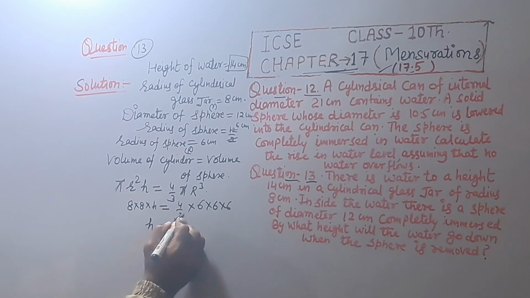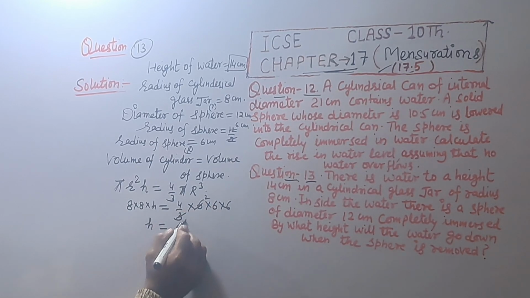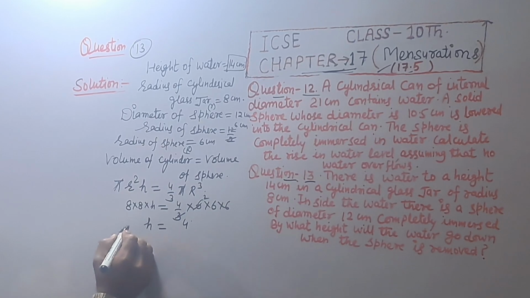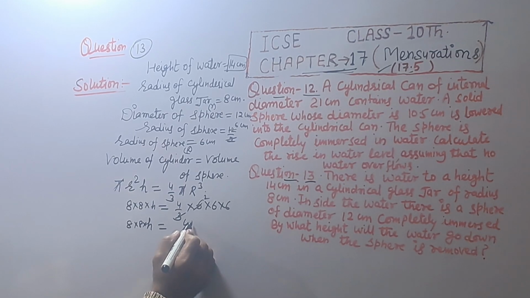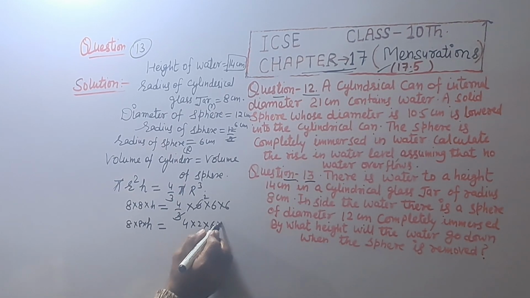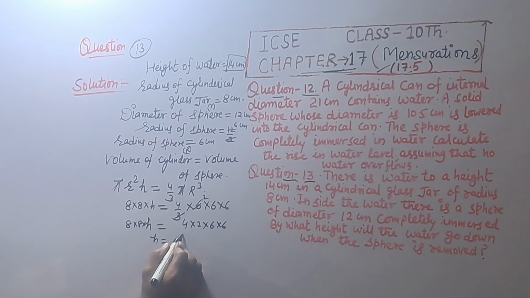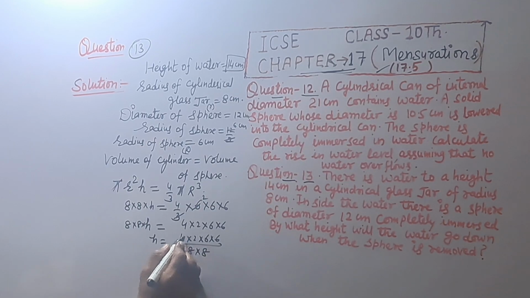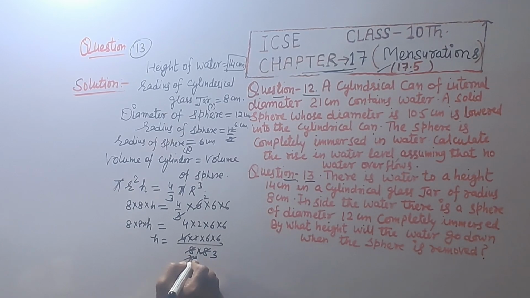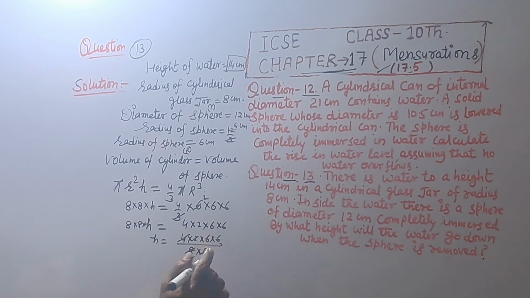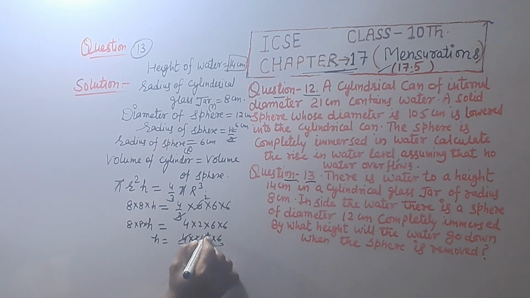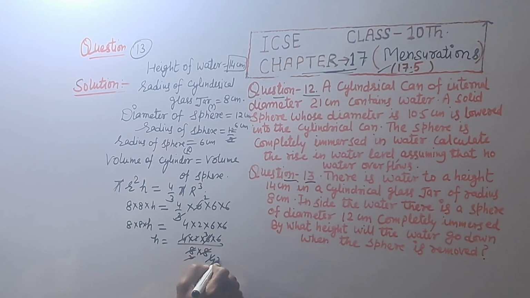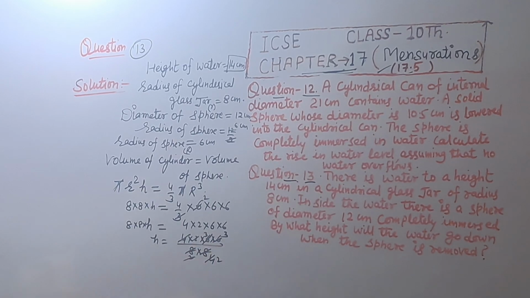So 2 3s are 6, 4. 8 into 8 into h equal to 4 into 2 into 6 into 6, and height equal to 4 into 2 into 6 into 6 divided by 8 into 8. 4 2s are 8, 2 is cancelled. 4 2s are 8, 3 2s are 6, 2 2s are 4, 3 2s are 6.